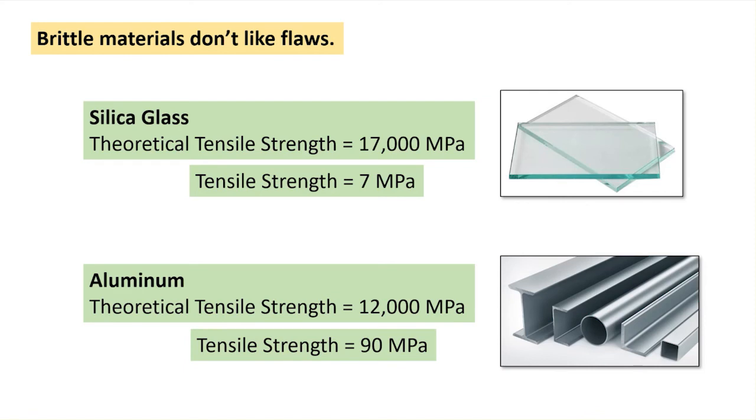It all has to do with stress concentrations and crack propagations. We'll talk about stress concentrations next. But in brittle materials, once a crack starts propagating, there's no stopping it. However, ductile materials absorb energy. That's why it's so hard for cracks to propagate through them.